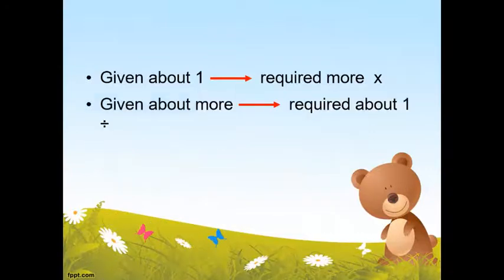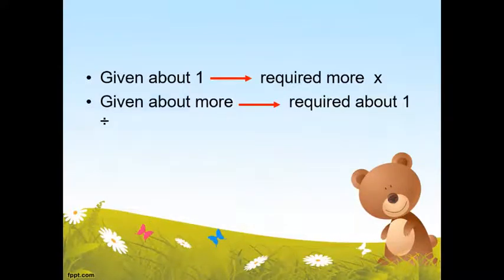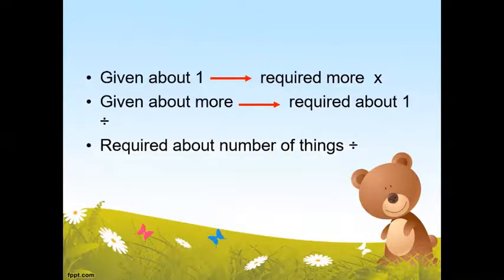And if we are given about more and the requirement is to find about one thing, you should do the division there. And one more thing: when we want to find the number of things, we should also use division to solve. So let us start doing our word problems.